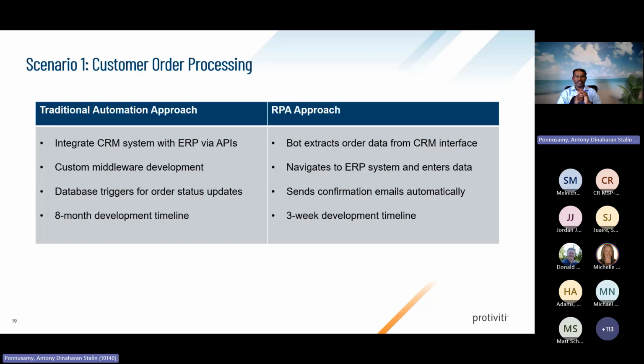It can navigate to the ERP system or enter data into other systems as well. Literally, as a human, it's able to log into the system and enter data. It's also capable of sending a confirmation email automatically once the process is done.